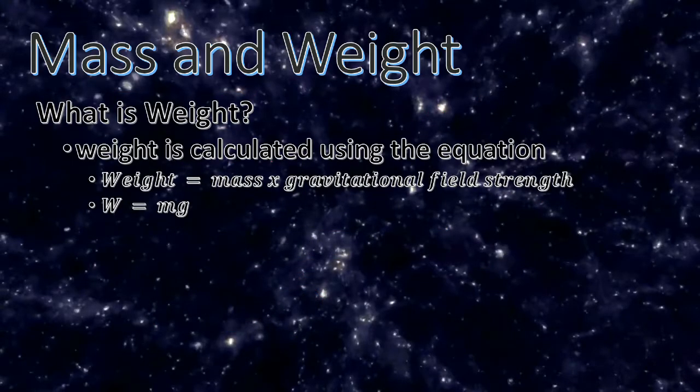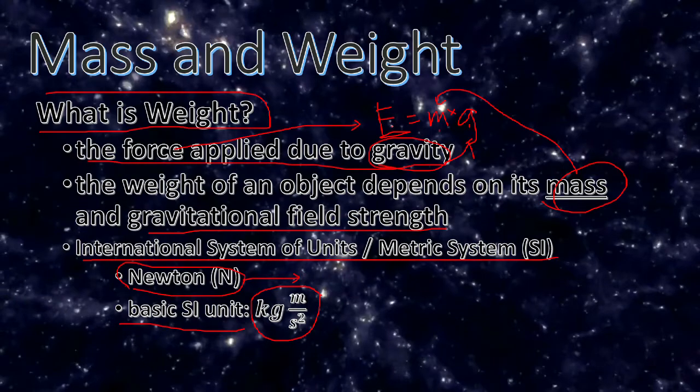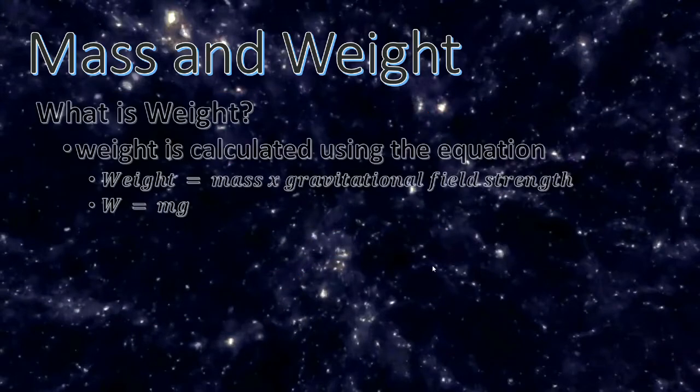So weight is also calculated using an equation. Instead of using force equals mass times gravity, the formula for force, weight is actually the same formula in a sense, but its usage is different.